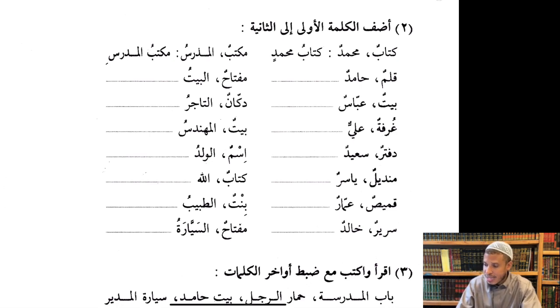For example, Qalamun Hamidun, we would say what? Qalamu Hamidin, Hamid's pen. Baytun Abbasun, we would say what? Baytu Abbasin, Abbas's house, mudaf ilay.